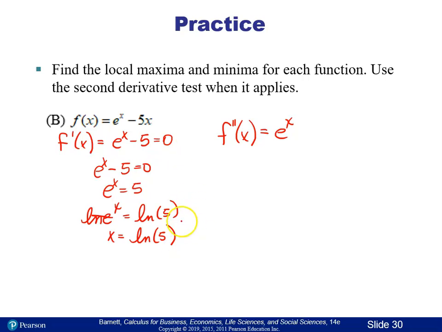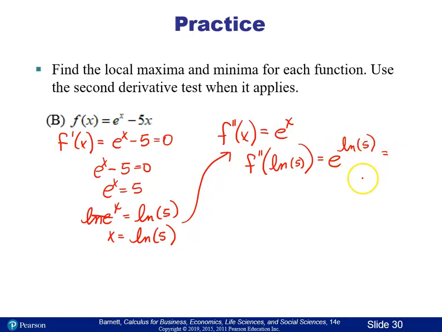Okay, so if I then plug that back into the second derivative, I'm going to plug in the natural log of 5. So e in the place of x, I'm going to put natural log of 5. And hopefully you remember your exponential rules here, that when these are together, that's going to just equal 5. What's really important is that it's positive. Okay, so if it's positive, it's concave up. So we have a local minimum.